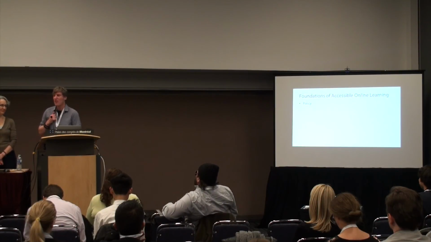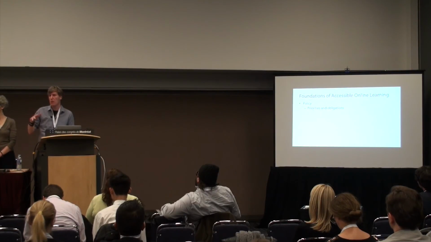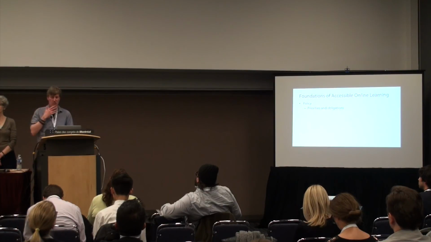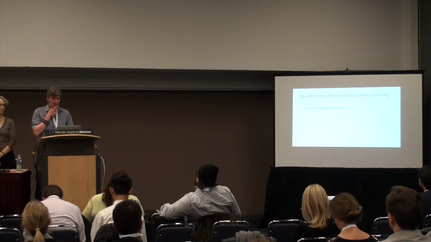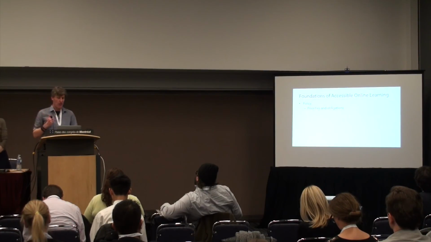We'll start with policy. Policy is where you identify the priorities for achieving some kind of success and the obligations that you're under, whether it's legal obligations or some other objectives relating to the success or the achievements of the educational institution that you're working for or helping.